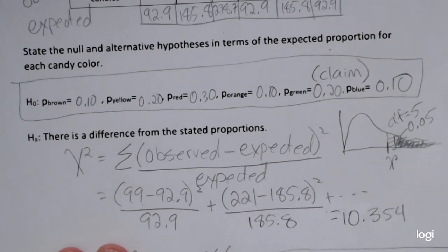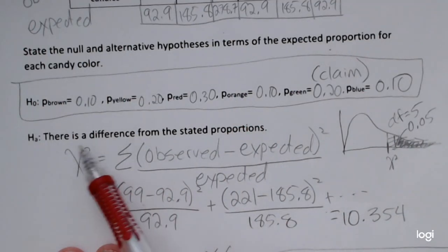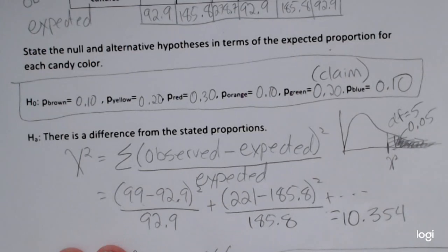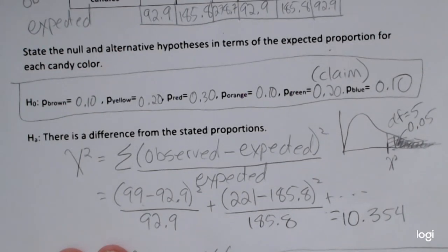If we had rejected the null, we would be in favor of saying the proportions are different. So there is insufficient evidence to conclude that the percentages are different. In other words, there's insufficient evidence to reject the claim in this situation. Because we are failing to reject the null, it is possible a type 2 error may have been committed.